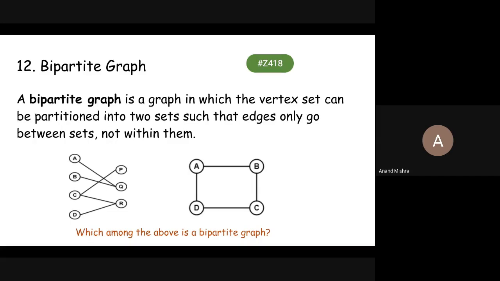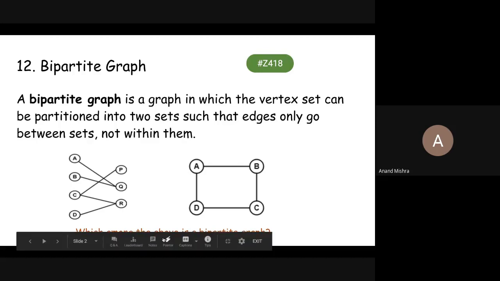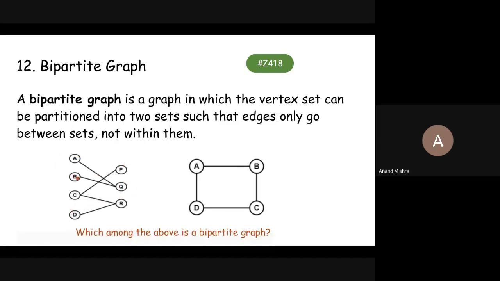For example, here we have A, B, C, D as one set, P, Q, R as another set, and the edges are always from one set to the other set, not within a set. Within sets is not allowed. Edges are only between sets.